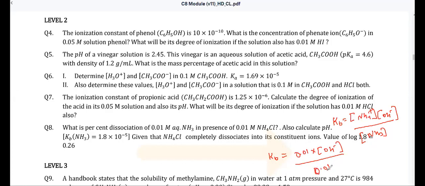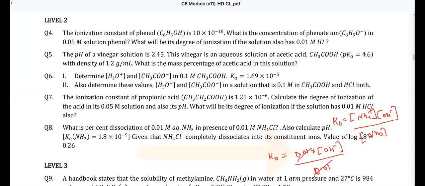Tell me yes or no everyone. Yes, so concentration of OH minus is equal to Kb only, right? Agree?